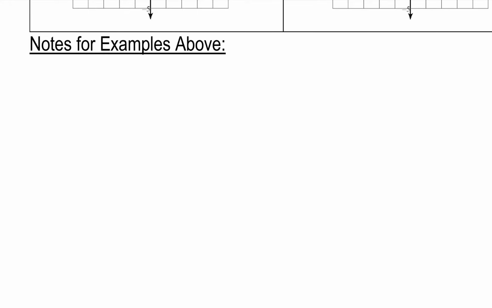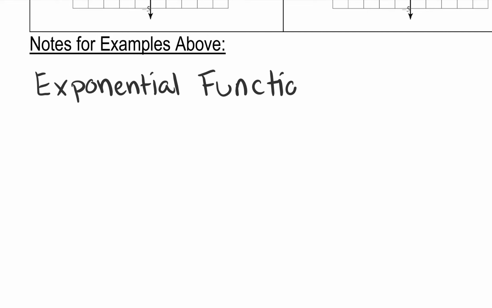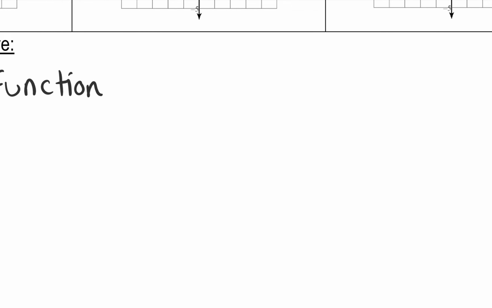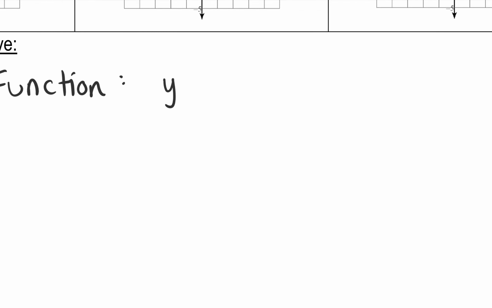So we have a basic exponential function right here. Our basic exponential function is going to be y equals b^x, some number with an exponent, where x is the exponent. That's our basic form.